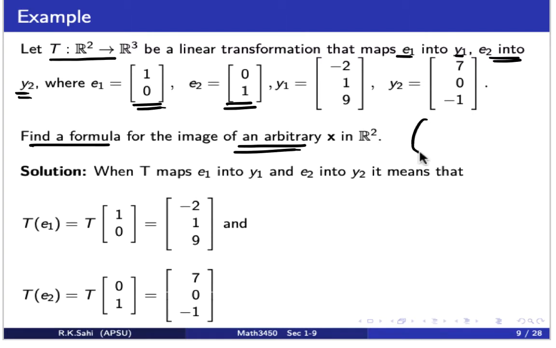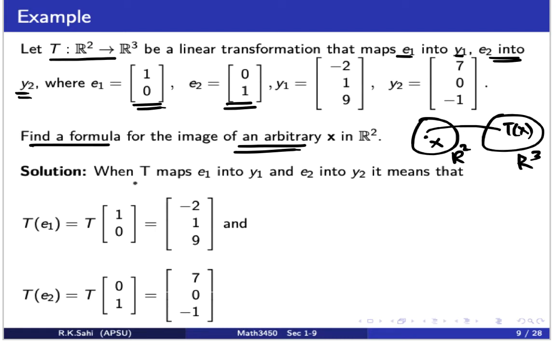In other words, T is a linear transformation going from R2 to R3. I pick any x here in R2. When T acts upon it, we would like to know what T(x) looks like. What would be the image of an arbitrary x in R2? We'd like to know that relationship.